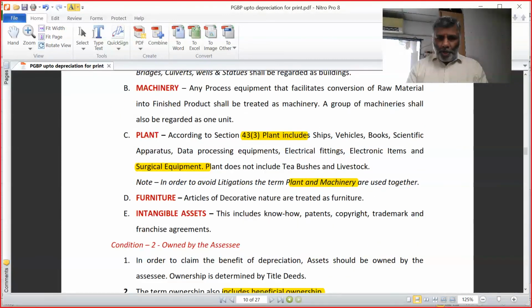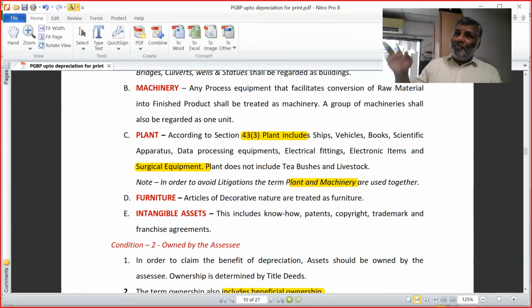Know-how, patents, copyright, trademark. The word goodwill is not at all used. So assessing officers were all along contending goodwill is a term which is there for time immemorial. Partners bringing in goodwill, all these things we have been seeing, but it has not been used purposefully because the lawmakers do not want you to claim.